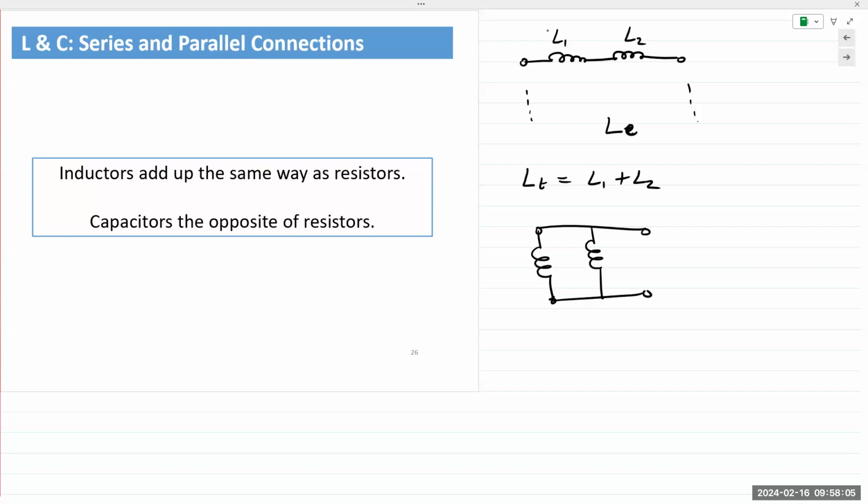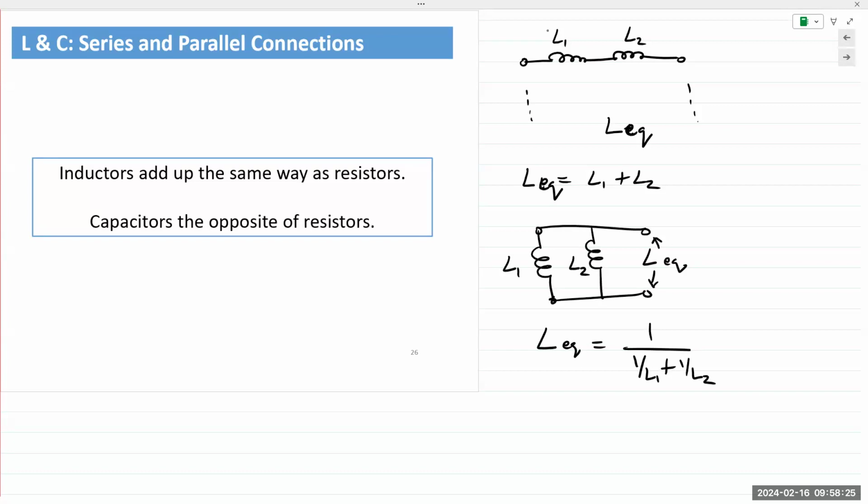Or let me add LEQ, since we are using EQ, LEQ, L1, L2. LEQ is simply the reciprocal of the sum of reciprocals.